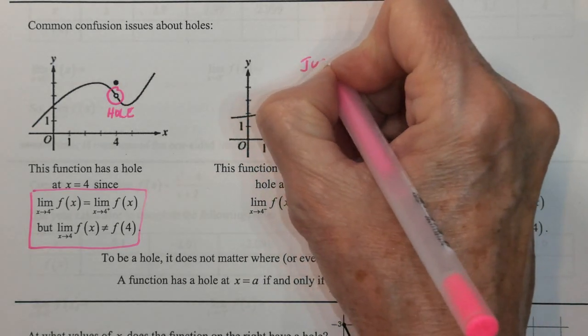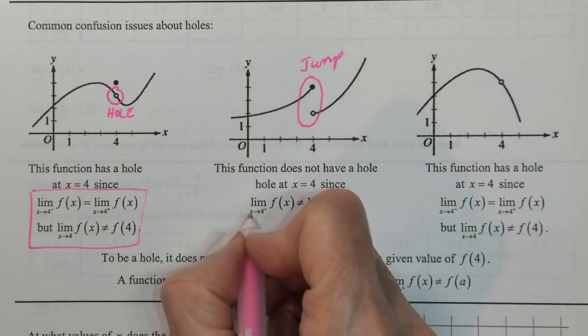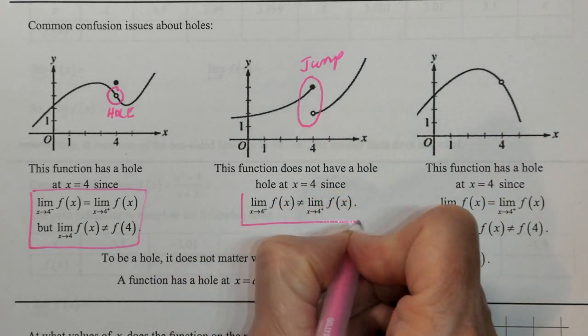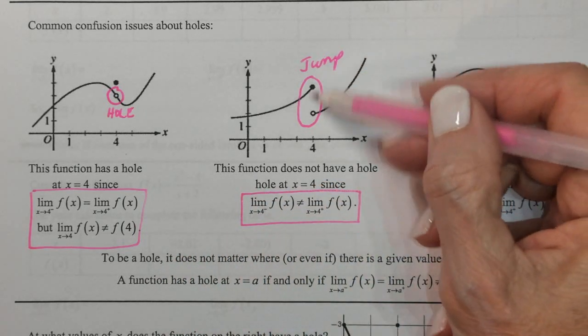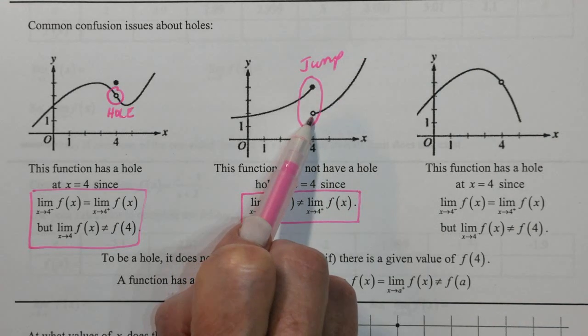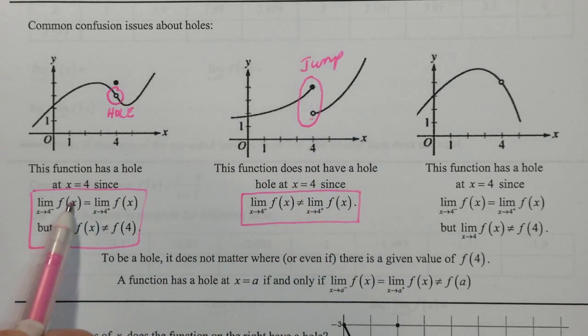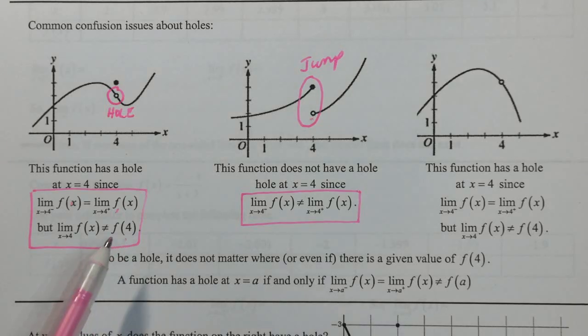This is called a jump, not a hole. The limit from the left is not equal to the limit from the right. Kids like to think that this is a hole because of this little guy right there, and it's not. A hole must be when the limit from the left is equal to the limit from the right, but not the value of the function. Okay?